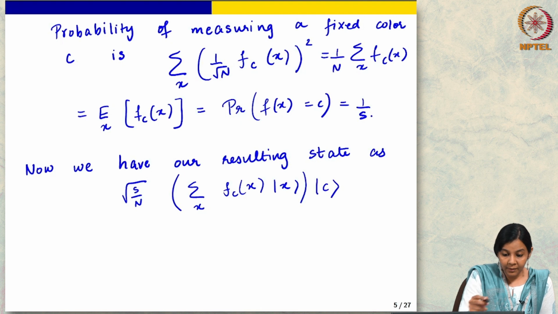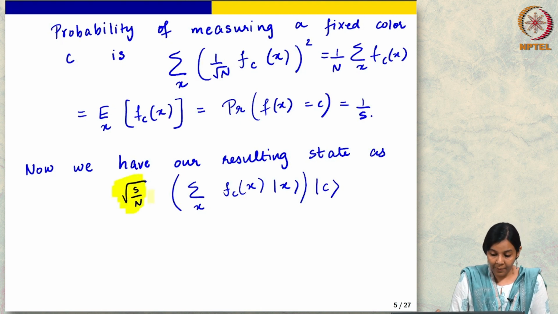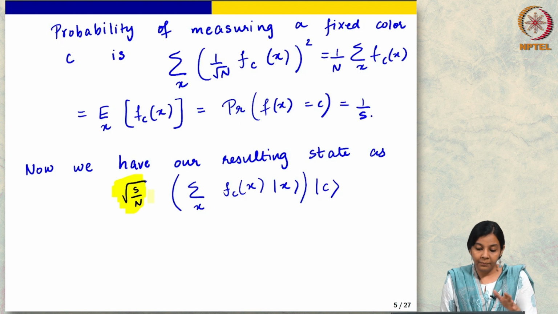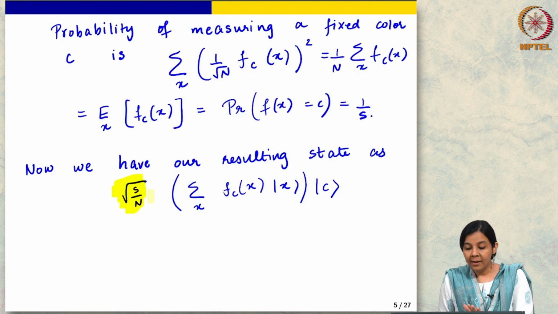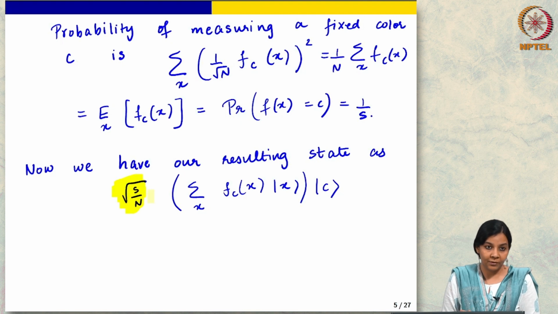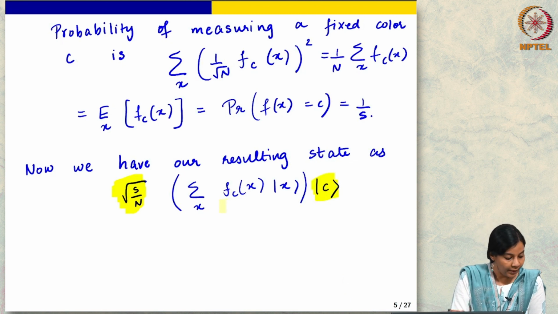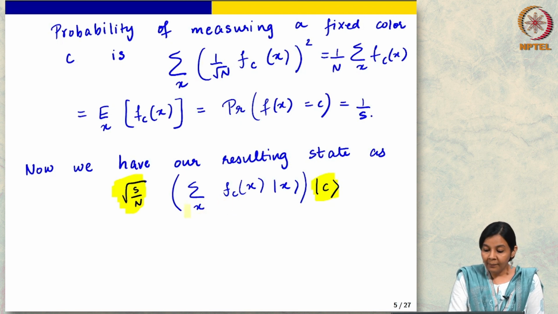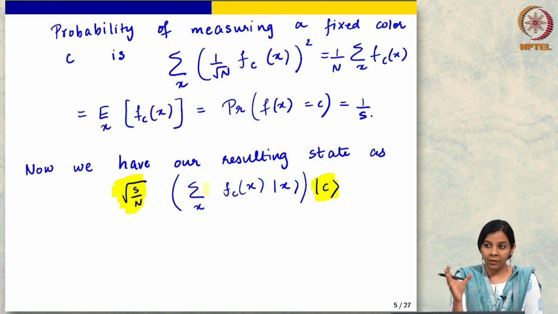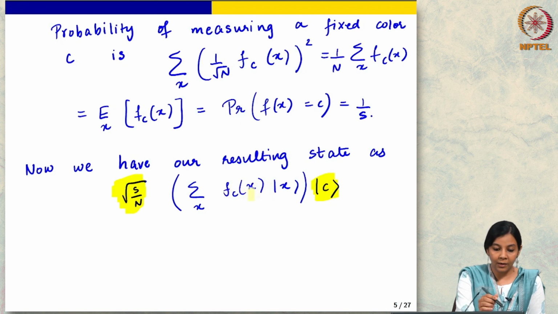So, here this normalizing factor, do not pay much attention to it, I am carrying it around till I can. But basically what we have done, everybody understands, we have measured our second register, and we are talking about what happens to the first register, right. So, our second register is now collapsing to C, and you are getting a summation over here. The reason that I am not restricting the x in the summation to a particular class is because I have this indicator ahead of it. So, it will work out correctly.